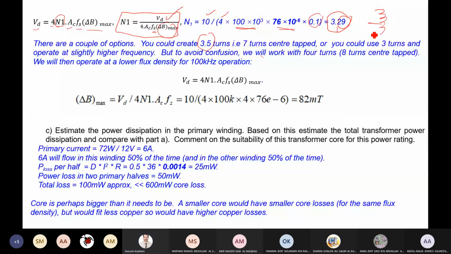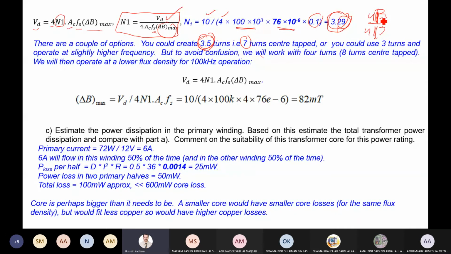So these terms and these terms together should be an integer. If I assume 3.5 times 2, it will be 7, which is an integer. Or I assume this 3.29 to be 4, then the total turn ratio will be 8, because 4 here and 4 here.